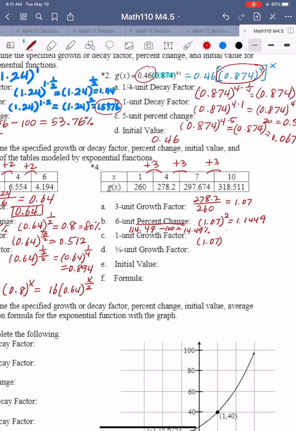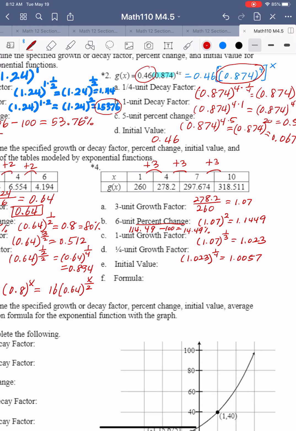And then 1 unit growth factor means you got 1.07 to the 1 over 3, which is a 1 unit growth factor, so which is 1.023. And then 1/4 unit growth factor, so you can use either one. If you use 1.023, now you can just put the 1/4 power, which is 1.0057.